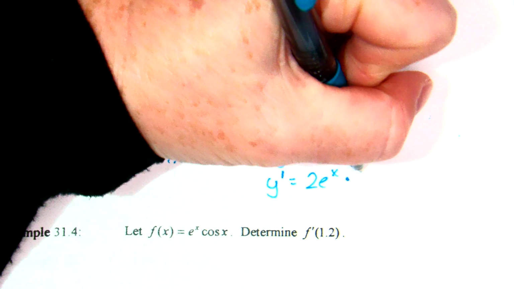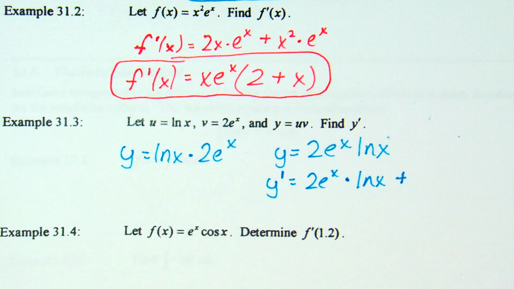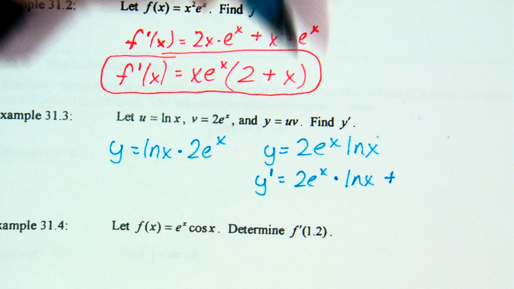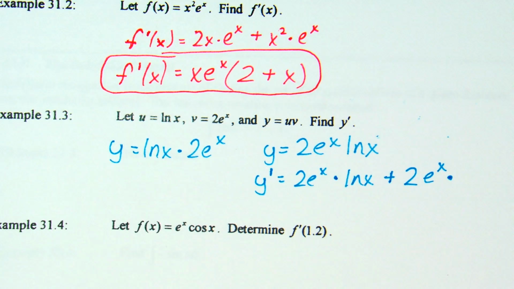Next we have a plus. And what do I do this time? Keep the 2e to the x this time, times, do you remember what the derivative of ln x is? 1 over x.